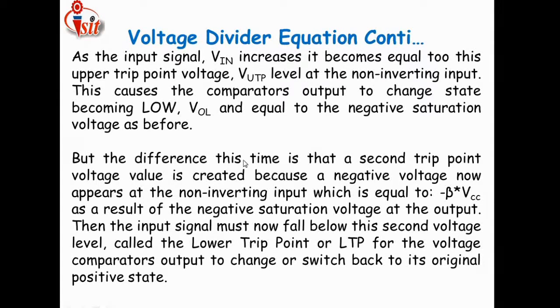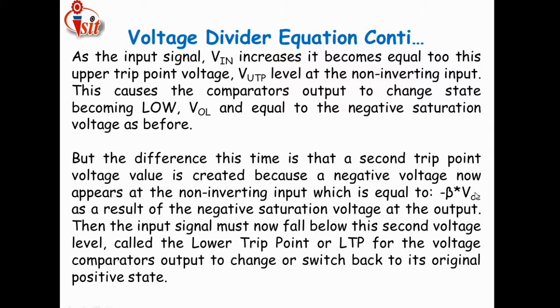But the difference this time is that a second trip point voltage is created, because a negative voltage now appears at the non-inverting input, which is equal to minus beta times VCC.